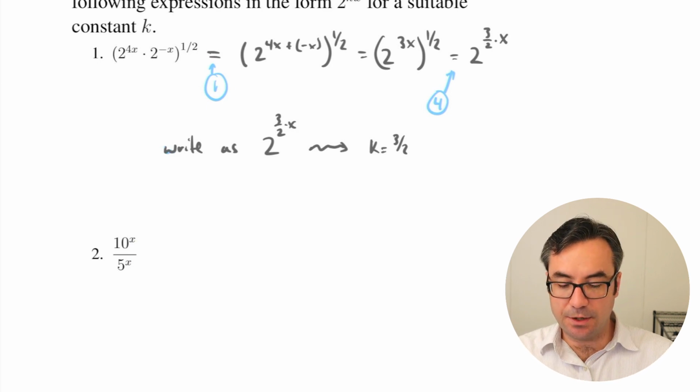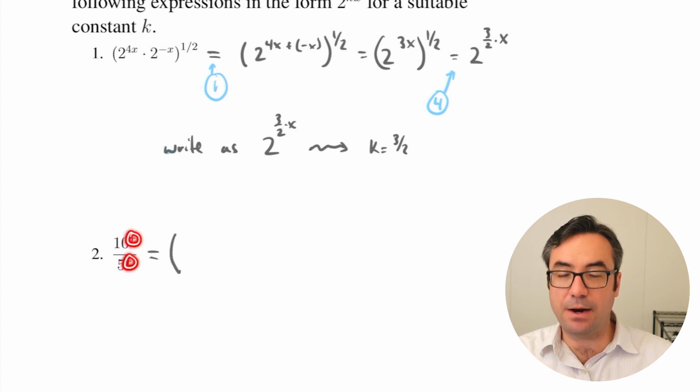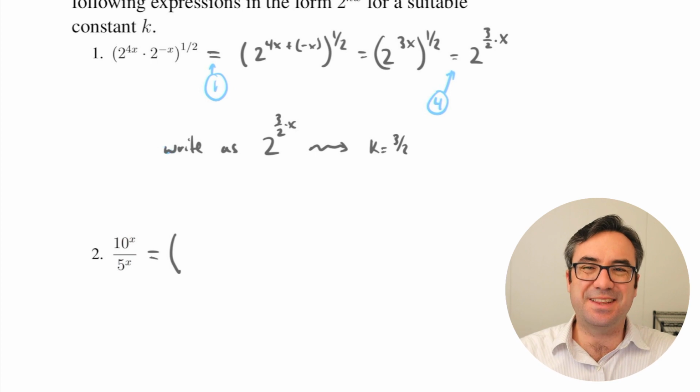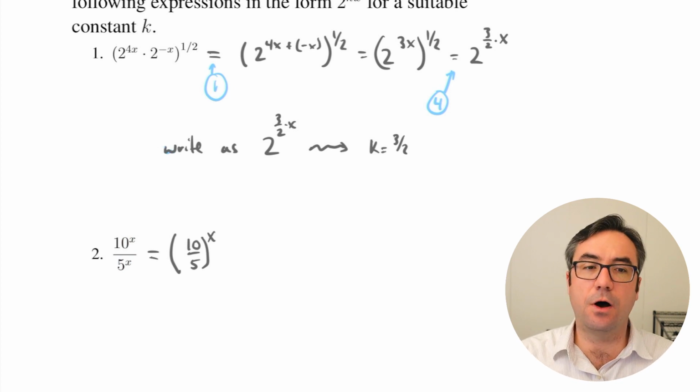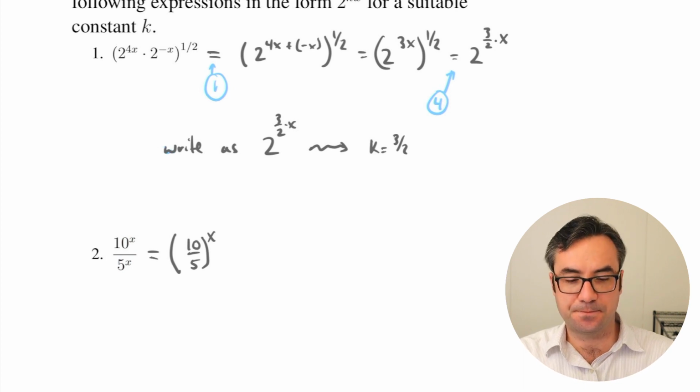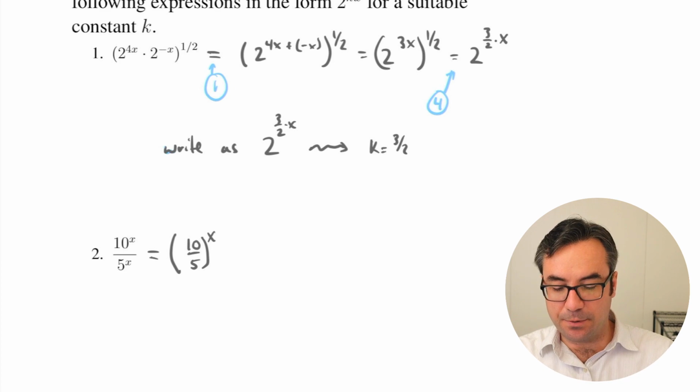So essentially what we can do for this one is take off the powers of x. We can think of it like factoring off the exponent there. So we can write this as 10 raised to the power 5, all raised to the power x. So this is property 6.